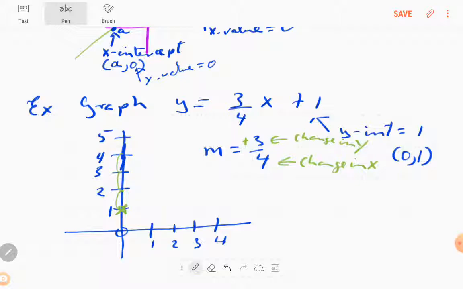Moving to the right 4, we end up over here, and we could draw a straight line between those 2 points. So we moved 3 units that way and 4 units this way. You can think of it as rise over run.